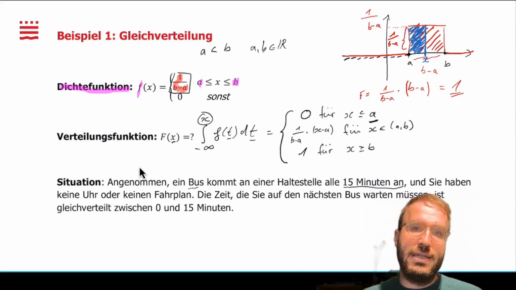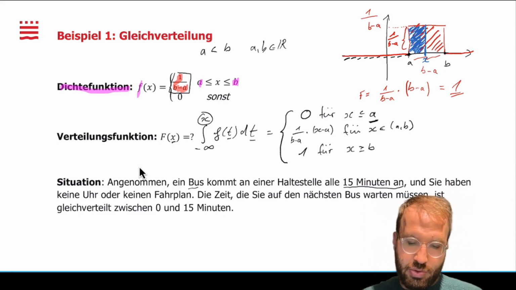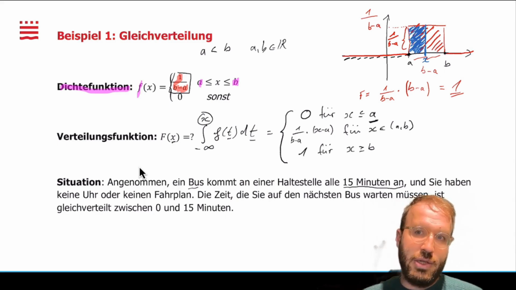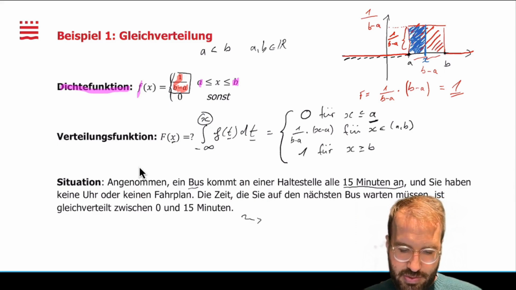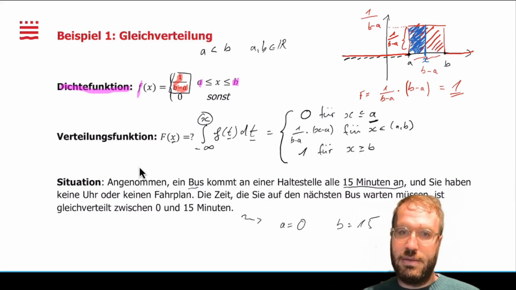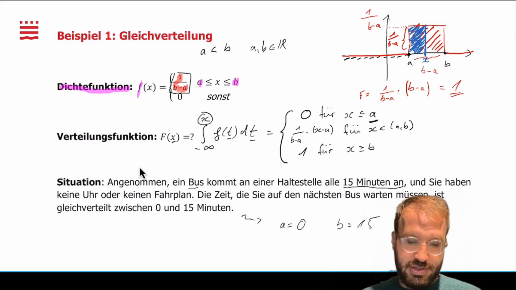This is exactly the situation we are in, because all possibilities from 0 to 15 minutes are equally likely. This means that it would be a situation where A equals 0 and B equals 15, which makes it a very concrete and relatively realistic example where we have now determined the distribution function.